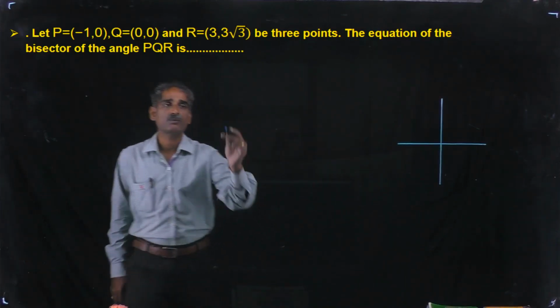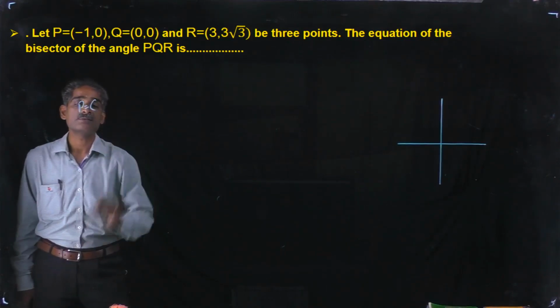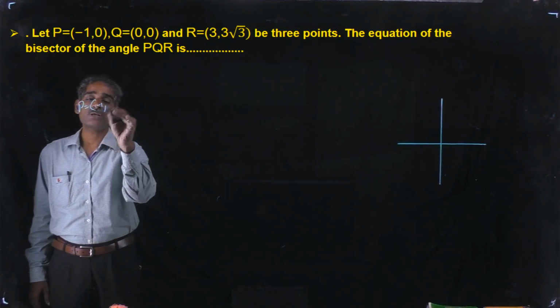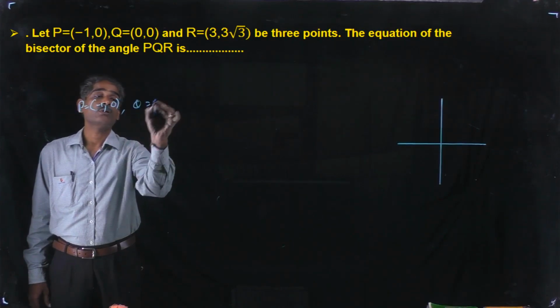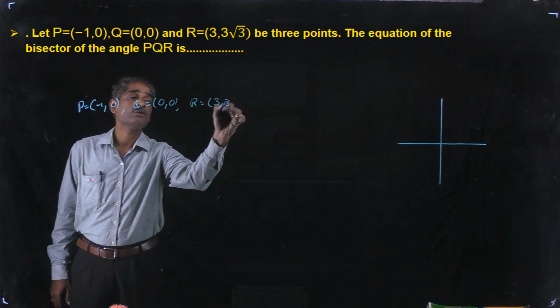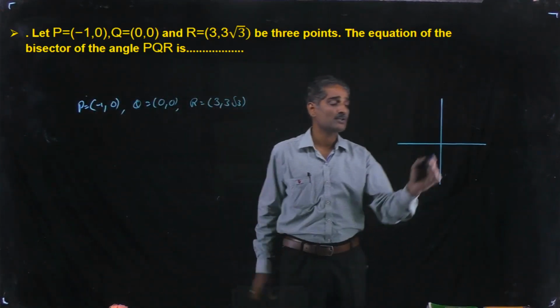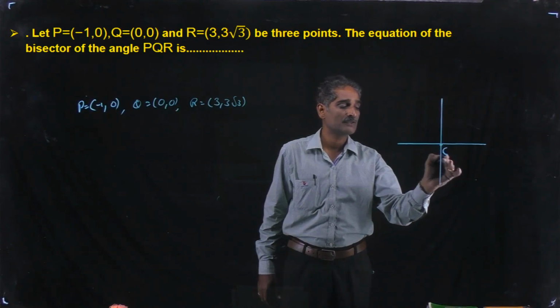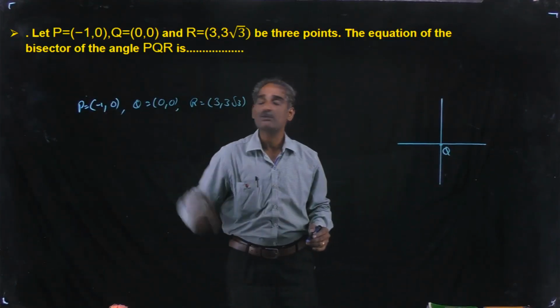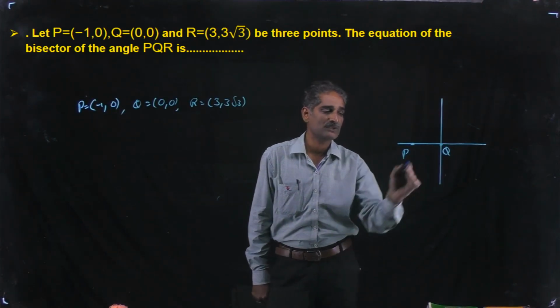P is minus 1 comma 0, Q is 0 comma 0 and R is 3 comma 3 root 3. So find out the locations. Clearly Q is at the origin, and suppose this is the position of P, minus 1 comma 0.